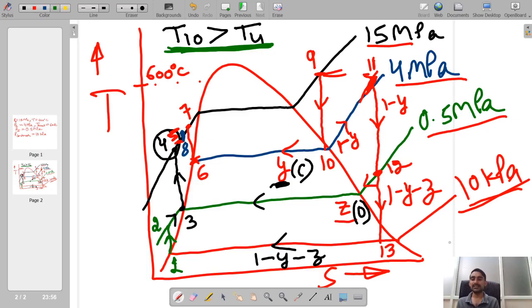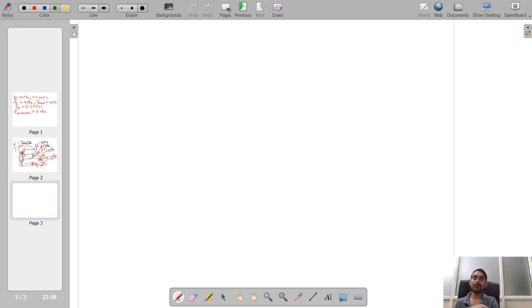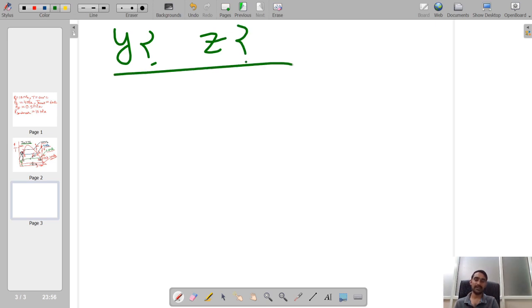Now let me consider how to proceed further. We have determined all the enthalpy values. Now we have to determine fraction Y and fraction Z, and ultimately the efficiency.